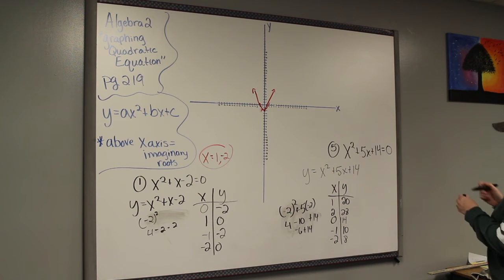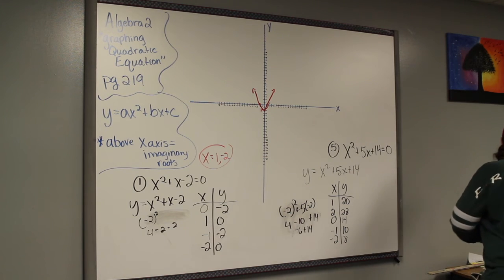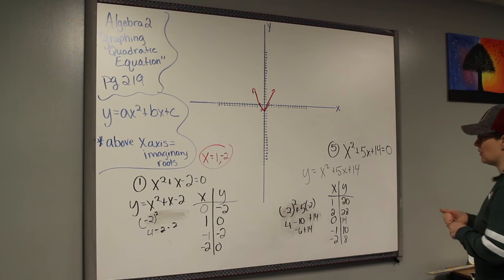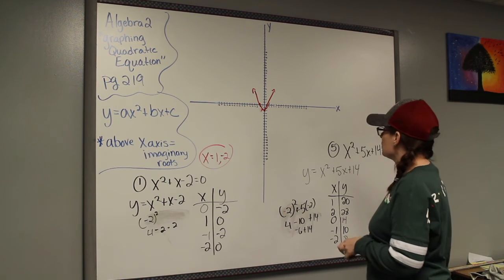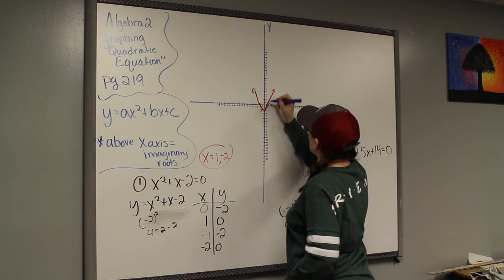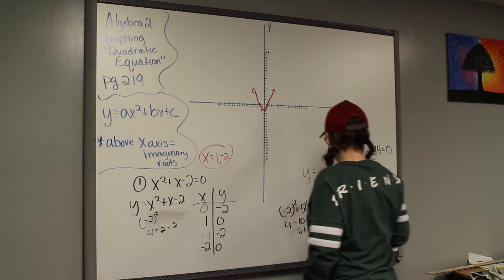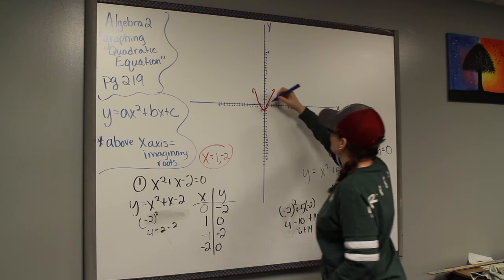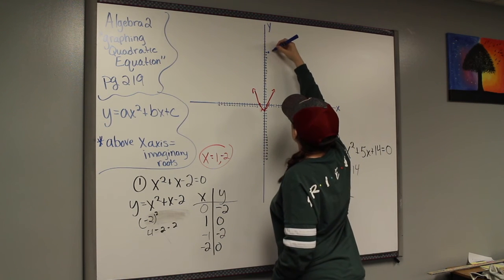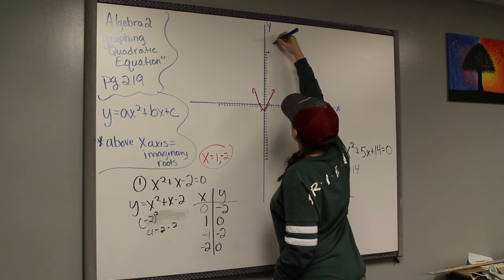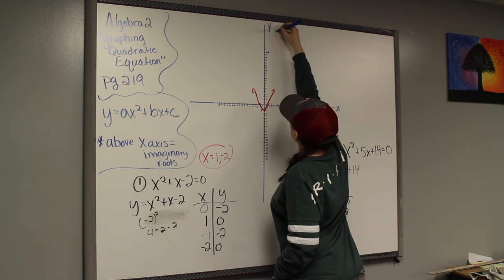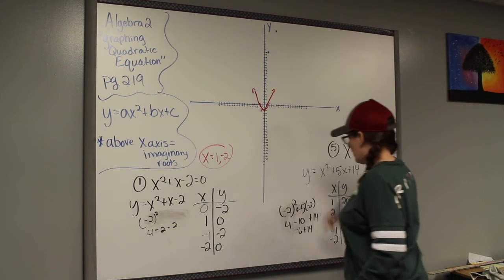So now I'm going to plot those in blue so that the red won't throw you off. And my first one is (1, 20), which means I go over 1 and I go up to 20, which is about right there. My next one is (2, 28), so I go over to 2, and 28 is going to be somewhere about here. It's off my graph.